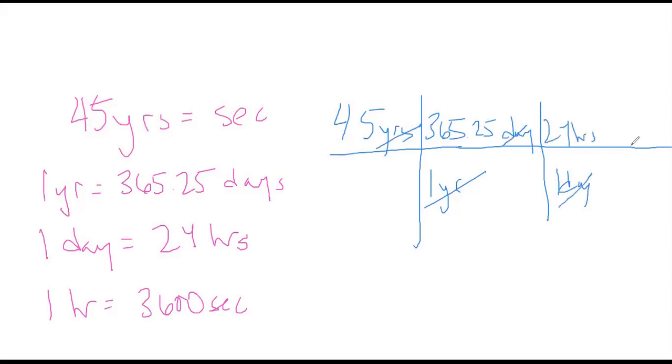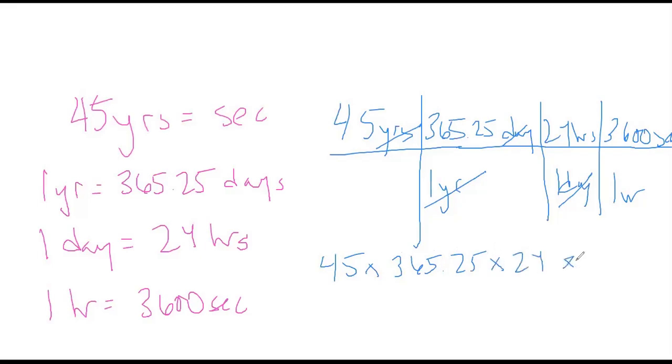Days cancel. 1 hour, 3,600 seconds. So we take 45 times 365.25 times 24 times 3,600.